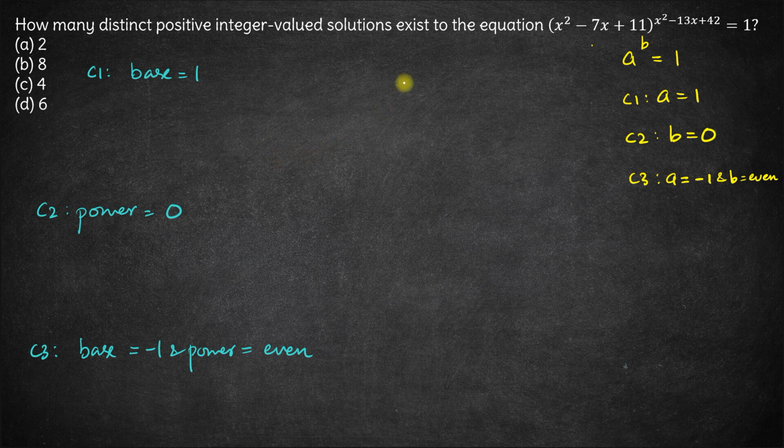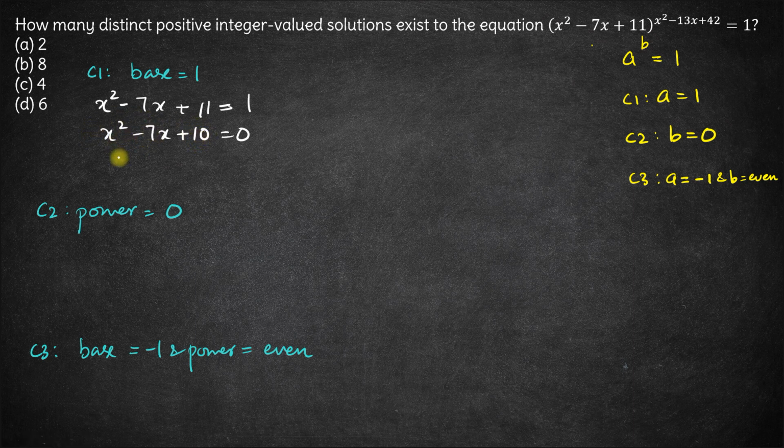The first case, if base is 1, the base here is x square minus 7x plus 11. This has to be equal to 1. So we have x square minus 7x plus 10 is 0. Now this is a quadratic equation and we have to figure out the roots. Using splitting the middle term, we think of two numbers whose product is 10 and the sum is minus 7.